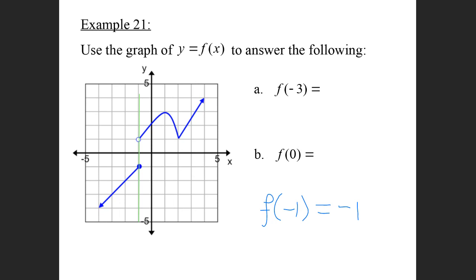See? This line intersects the function here, and the y at this point is minus 1.